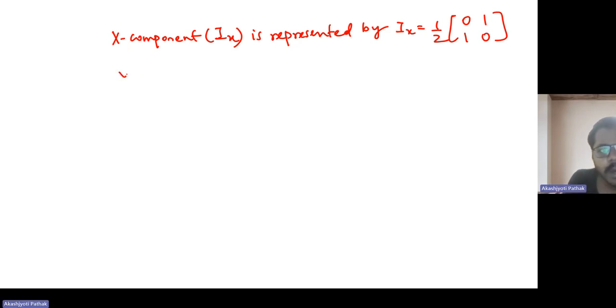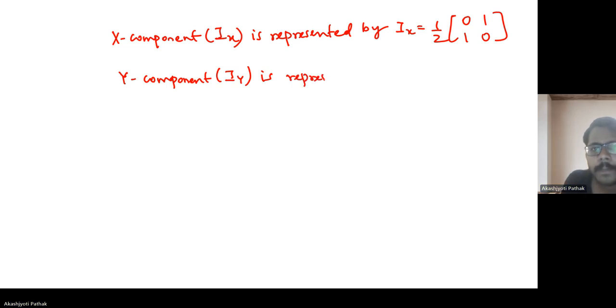Similarly, the y component Iy is represented by Iy equal to half times the matrix 0, minus i and i, 0.